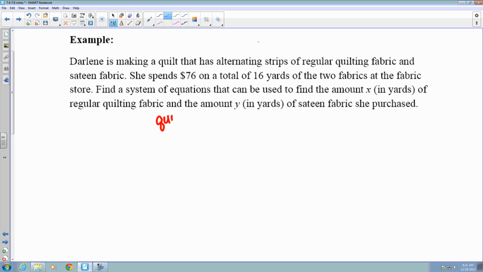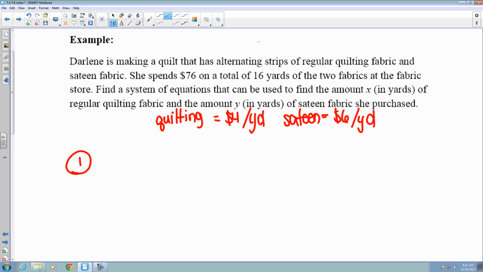Quilting, this would be included in your problem, I just forgot it. Quilting is $4 a yard, and sateen is $6 a yard. So it's telling us that x is quilting and y is sateen. So we're going to have two equations. Our first equation is going to be just our yards of each and our total.